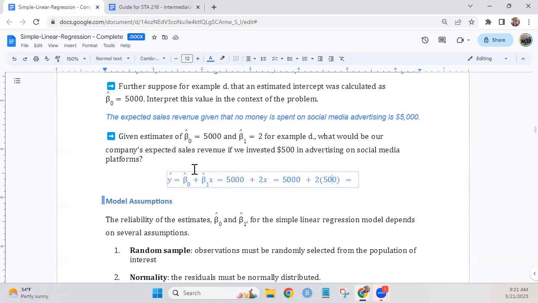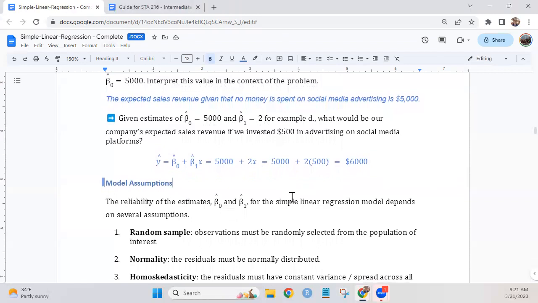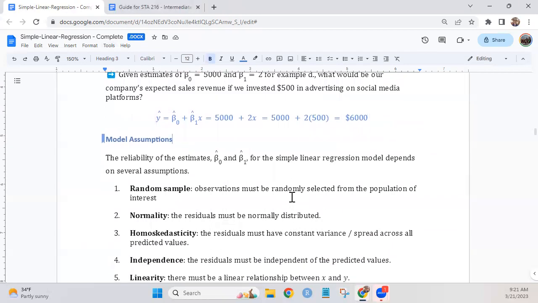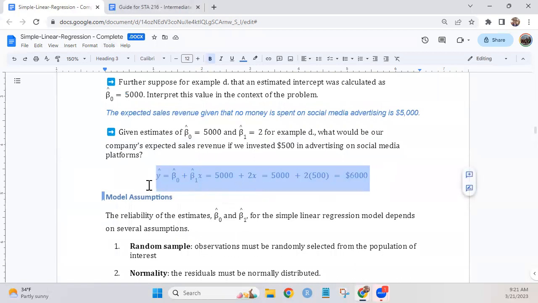That would be one more zero here, and then we got it. Yeah, I mean, it's early. Okay. So that's an example of how we could get a predicted value from the output of a linear regression model.